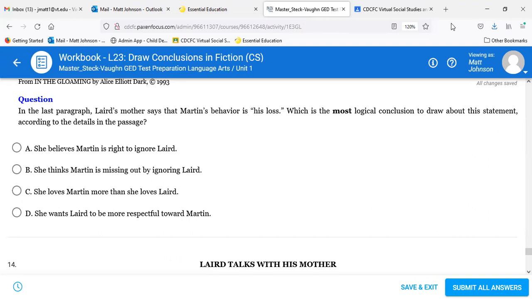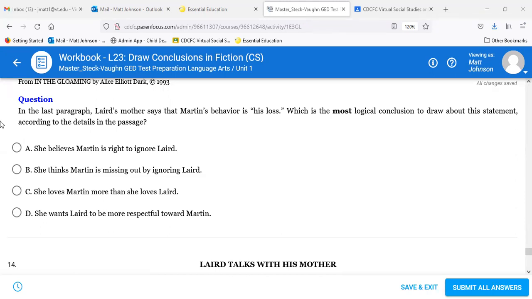It says, in the last paragraph, Laird's mother says that Martin's behavior is his loss. Which is the most logical conclusion to draw about the statement according to the details in the passage? A, she believes Martin is right to ignore Laird. B, she thinks Martin is missing out by ignoring Laird.